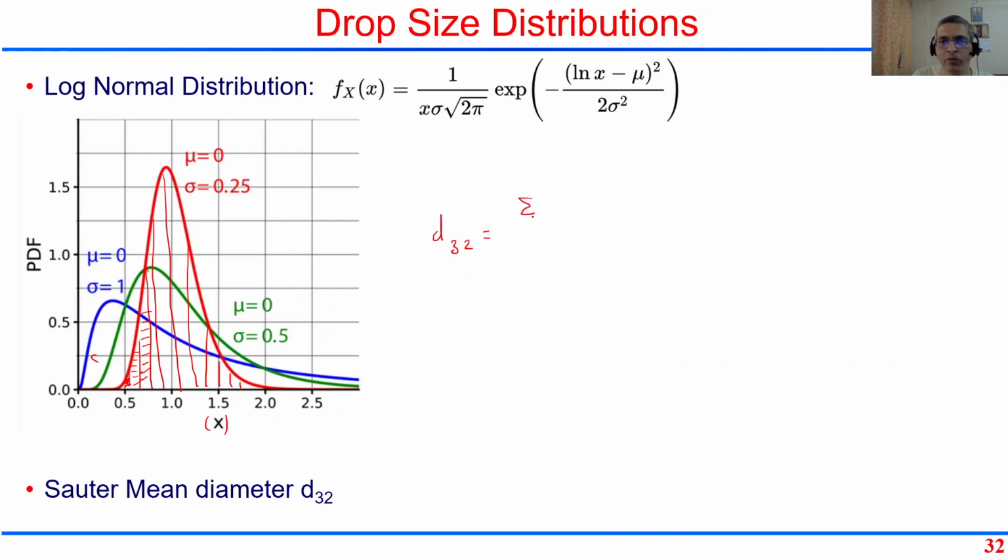It is the summation over all such intervals of the number of drops in that interval times the diameter of that interval to the power 3, divided by the summation of the number in that interval times the diameter in that interval squared. So this is like the cumulative volume of all the drops put together over the cumulative surface area of all the drops put together. So it's called D32.